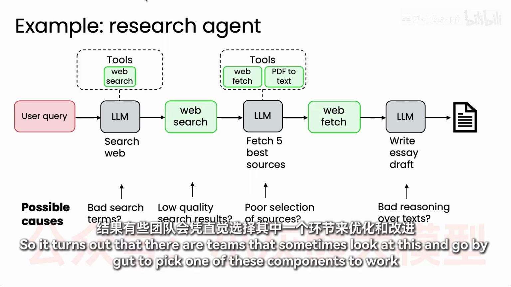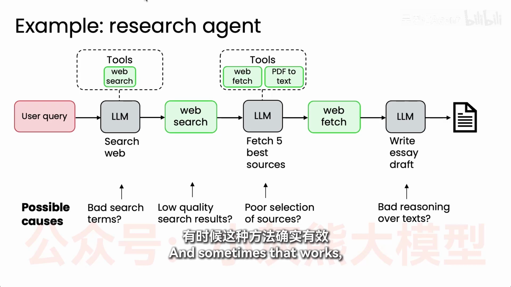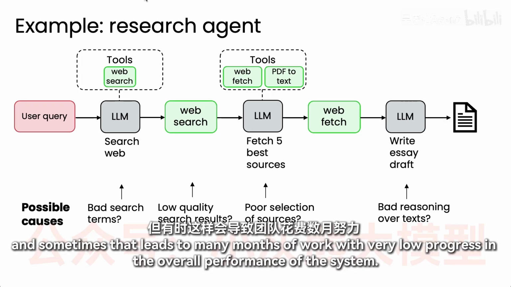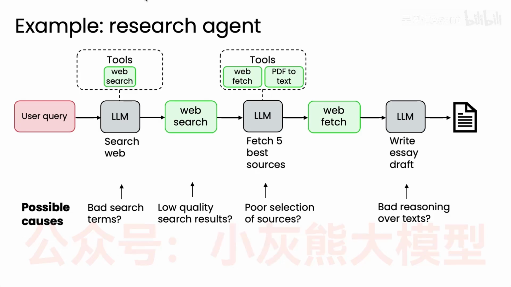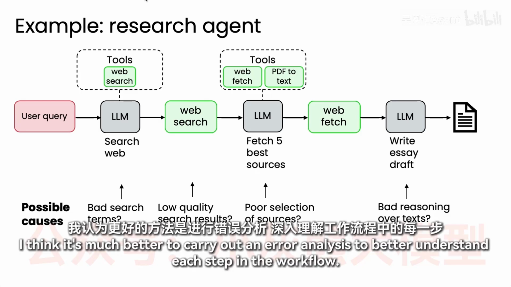It turns out that there are teams that will sometimes look at this and go by gut to pick one of these components to work on. And sometimes that works, and sometimes that leads to many months of work with very low progress in the overall performance of the system. So rather than going by gut to decide which of these many components to work on, I think it's much better to carry out an error analysis to better understand each step in the workflow.